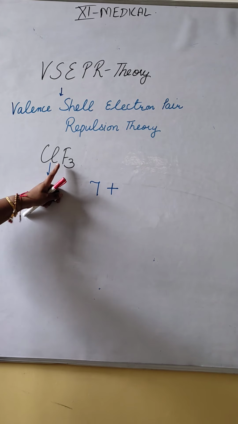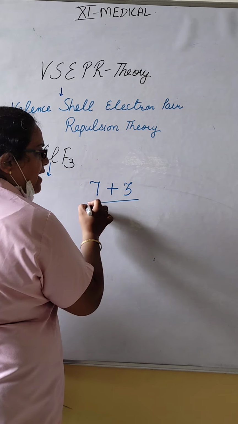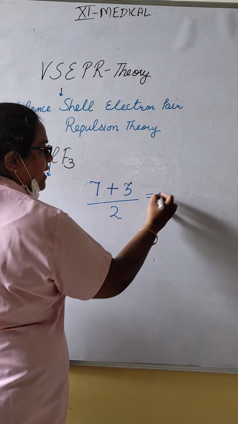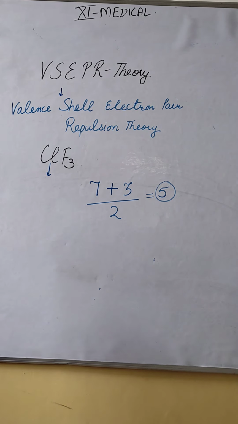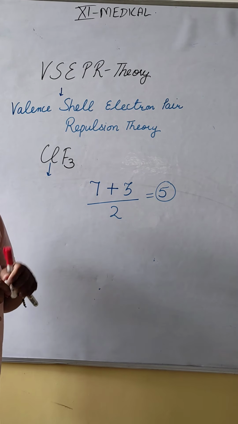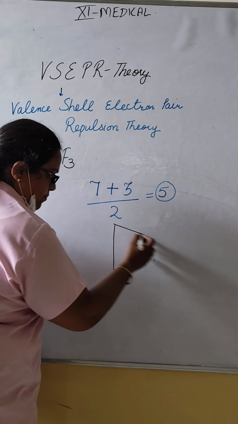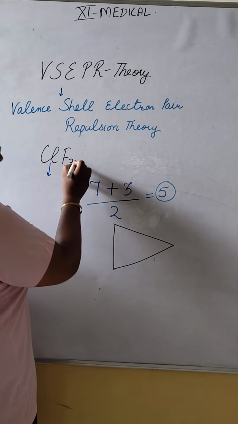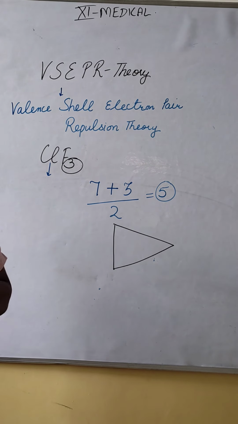Because fluorine valency is 1, it must be divided by 2, and it comes out to be 5. When it is AB5 type, what will be the shape if you remember? Very good. But here we are having only 3 bonds, so it must include 2 lone pairs.